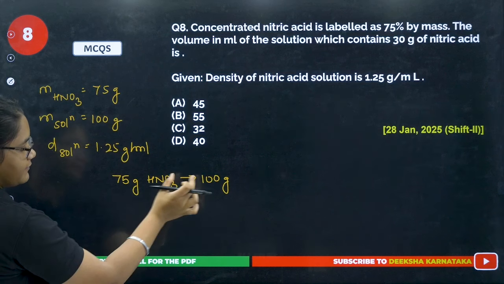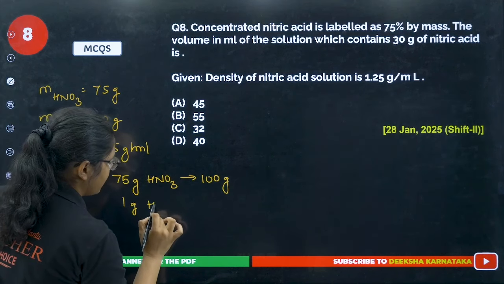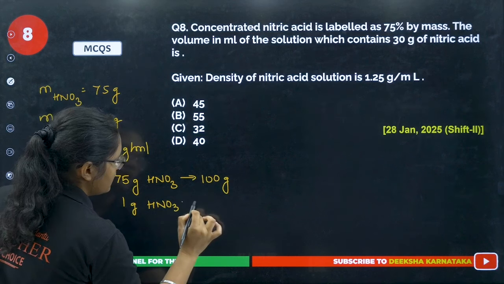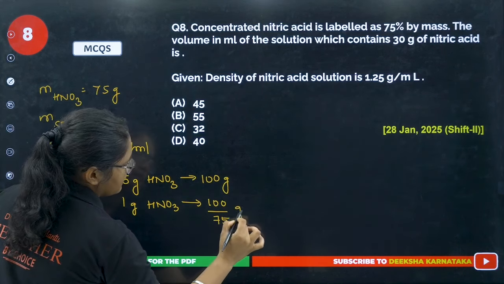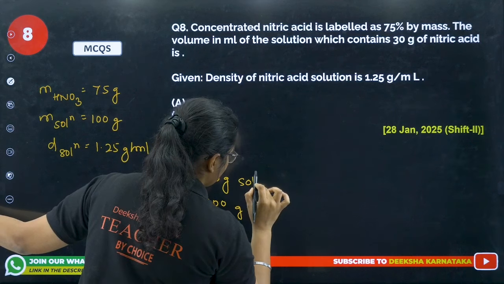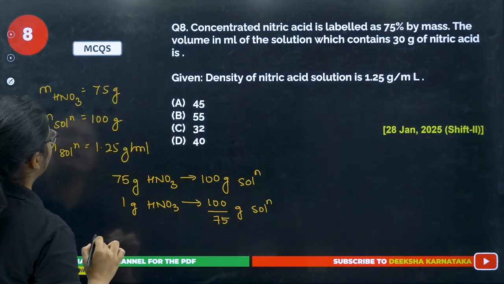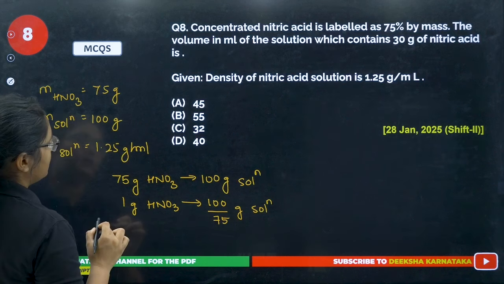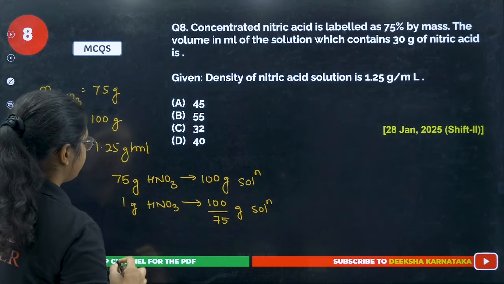Right? In 100 gram, 75 gram of HNO3 is present. For 1 gram of HNO3, how much will be the solution? 100 by 75 solution. Okay. Next for 30 gram, that is your 75 gram, 1 gram, and then I have 30 gram of nitric acid.